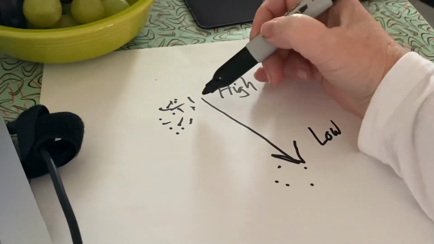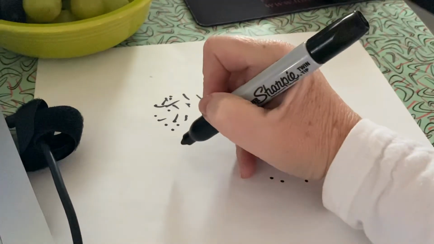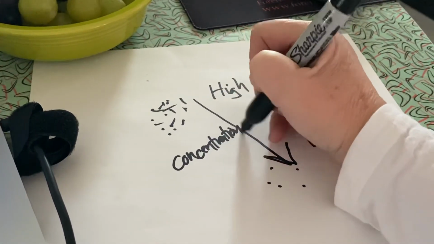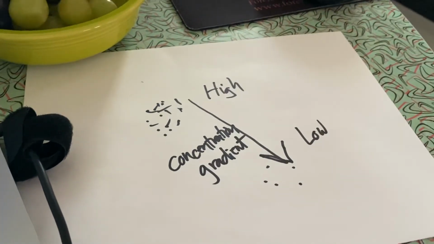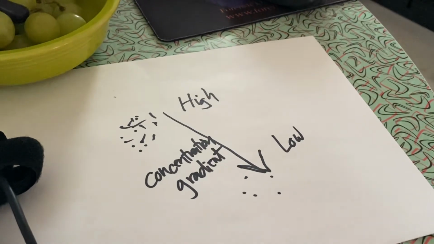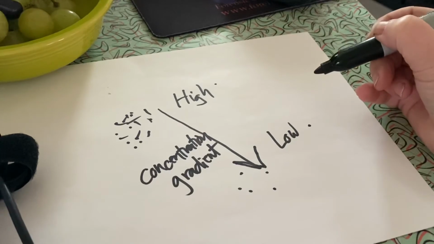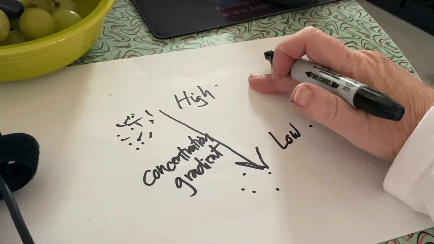You'll notice it's uneven, right? This is what we refer to as a concentration gradient. So going with the concentration gradient means that molecules will go from high to low until they're equal. And once again, this is a passive process that requires no energy.